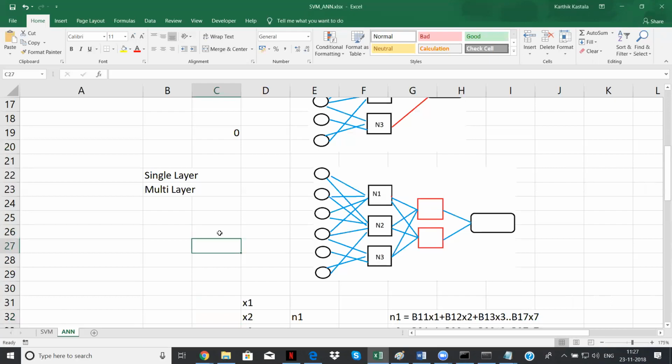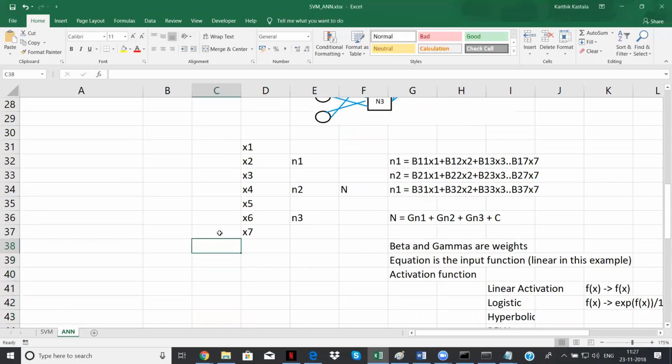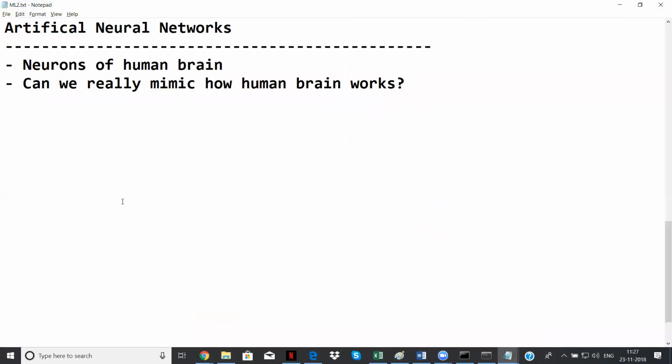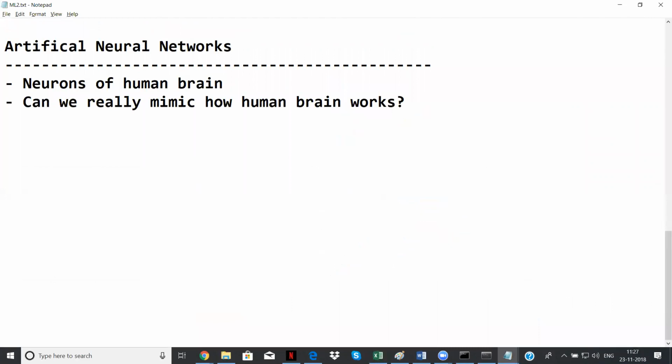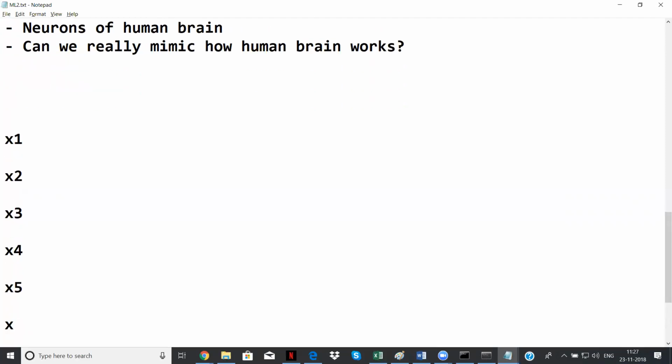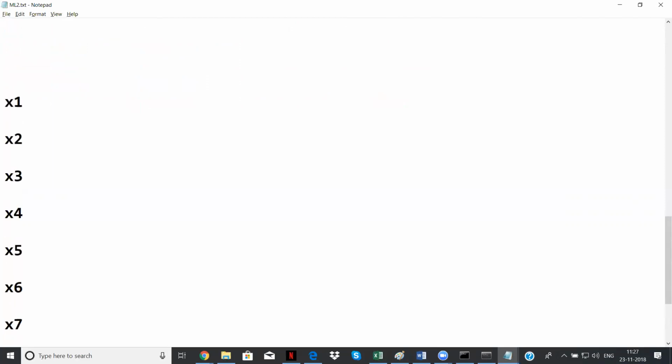Let's take an example where I have 7 inputs, x1 to x7. Let me write it down afresh: x1, x2, x3, x4, x5, x6, and x7.